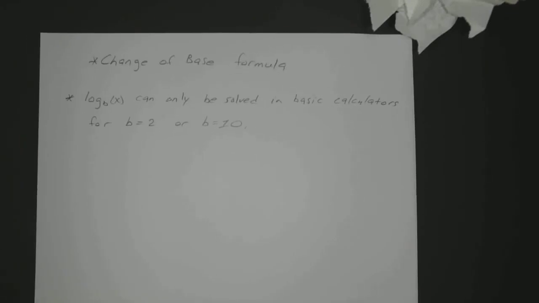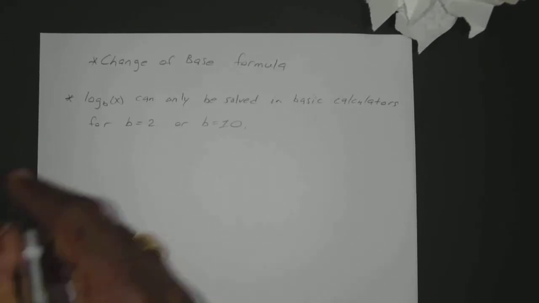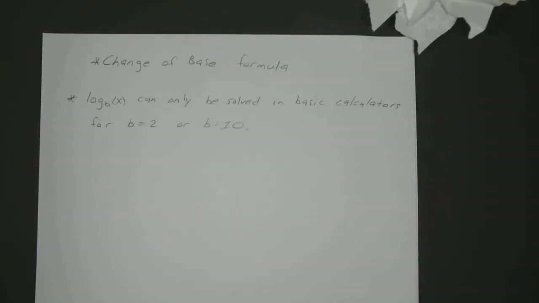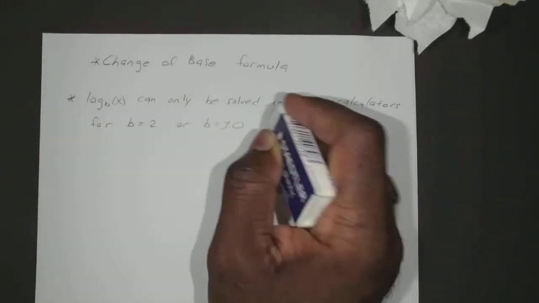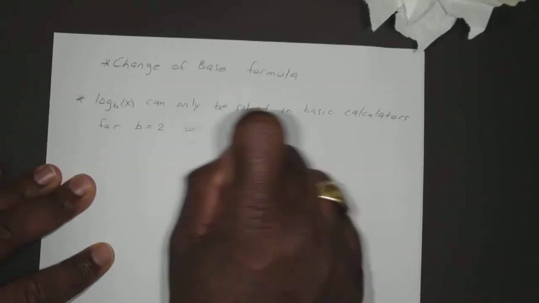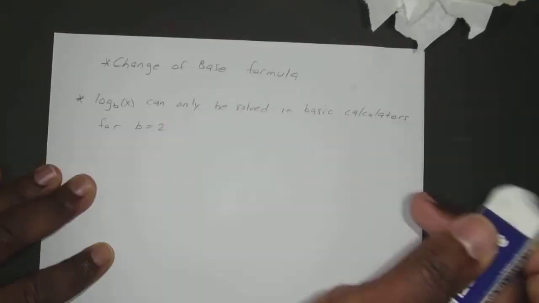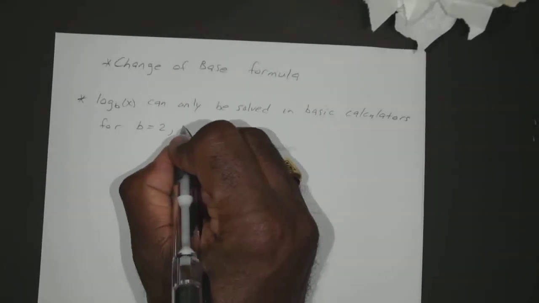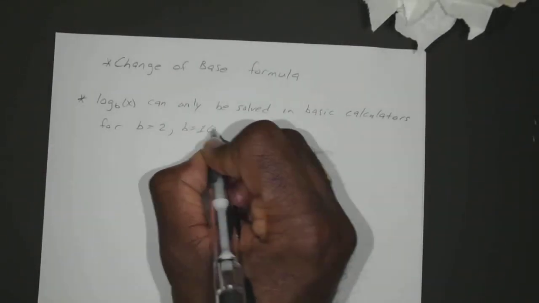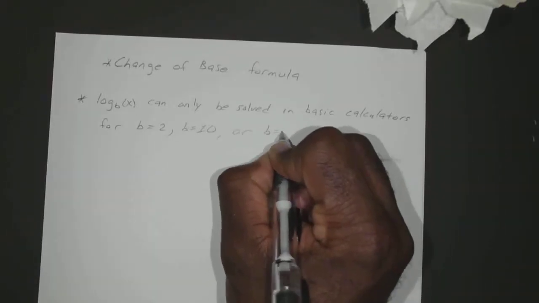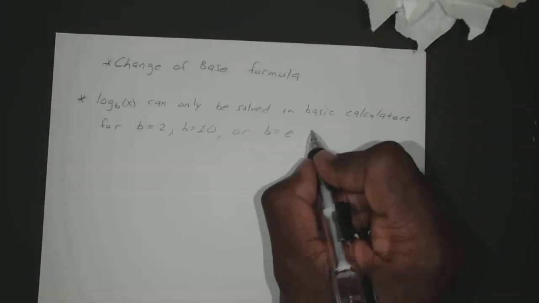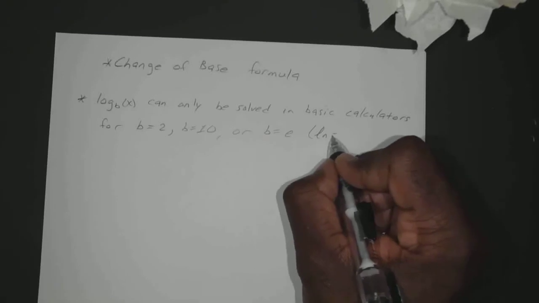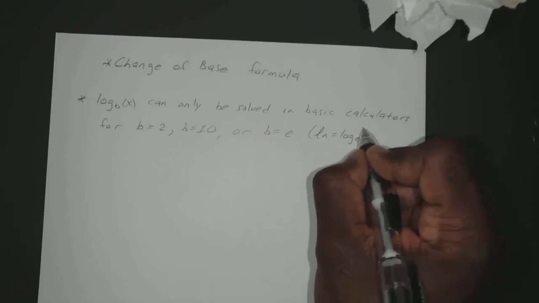You can set it to solve these, but for those really basic ones, you can't. Actually, it's one more: you have base e. So base 2, base 10, or base e. And remember that e, that's just your natural log, equals log base e.